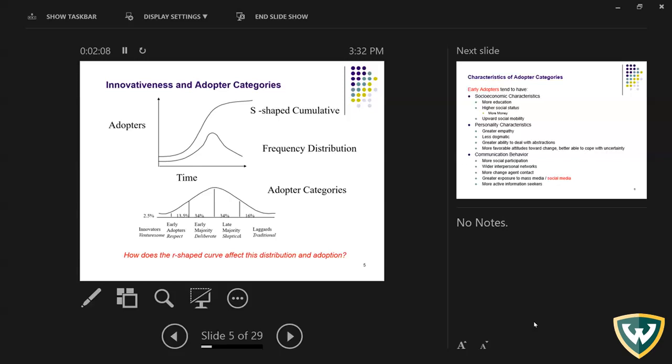They're the ones that introduce innovation into our communities, into our networks, but they're really not respected from an opinion perspective. They are not opinion leaders. So if we end up spending too much time with innovators, we won't have the credibility we need for the diffusion to move naturally through the S-shaped curve. So anyway, these are fairly normal distributions, and the S-shaped curve is pretty typical.